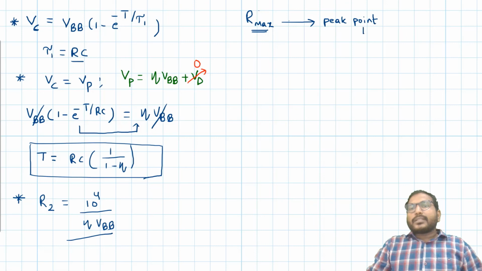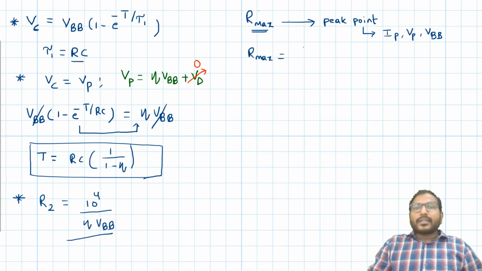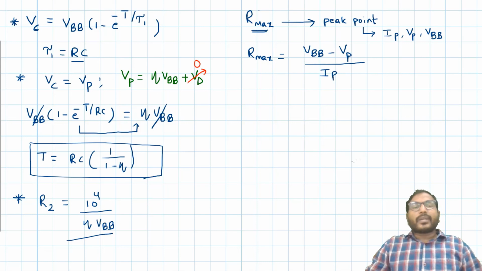At this peak point, the current is IP, the voltage is VP, and the supply voltage is VBB. So the R max formula is V by I, that is VBB minus VP divided by IP. In this way we can calculate the time period, R2, and the resistance in the charging path, R maximum and R minimum.